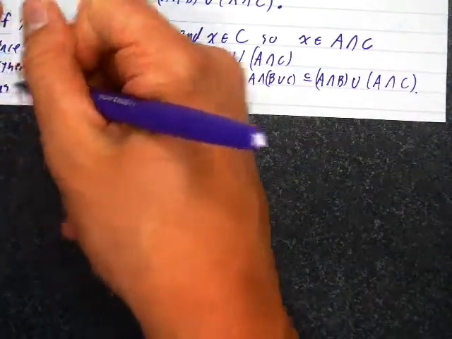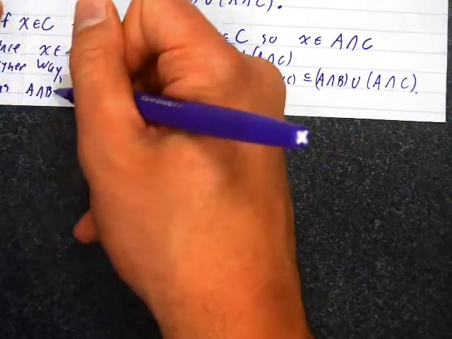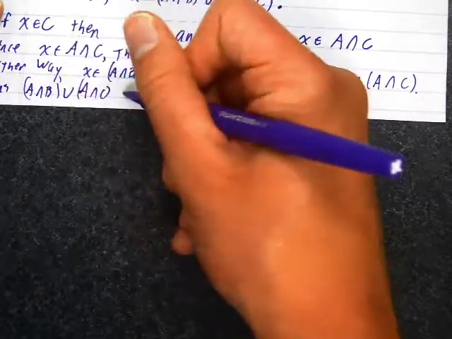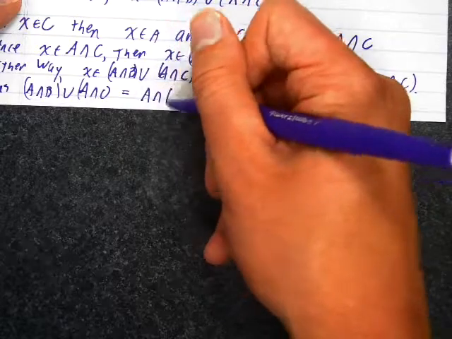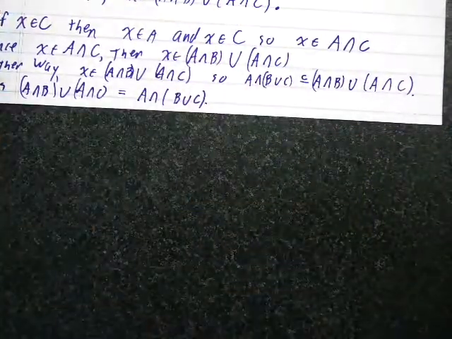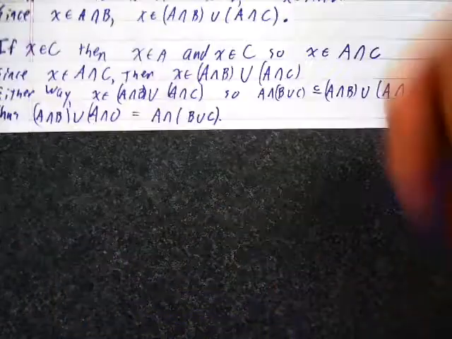We can conclude A intersect B union A intersect C is equal to A intersect B union C, which is exactly what the theorem claims. Great.